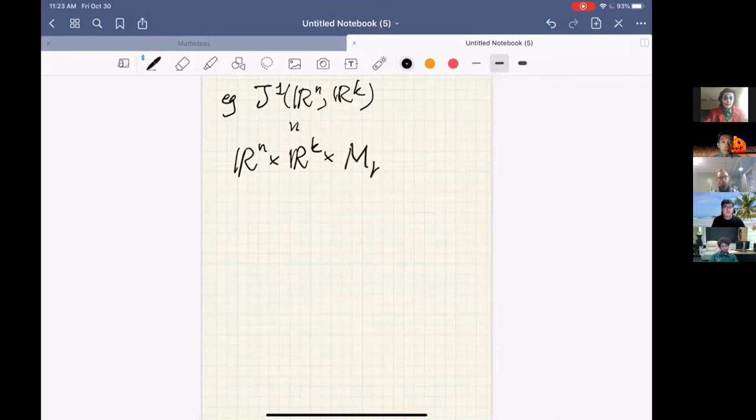This is M_{k by n}. Remember, this is the same thing as R^(kn), the space of all k by n matrices. So I'm considering all possible values that a function could take and all possible derivatives a function could take. That's my jet space.